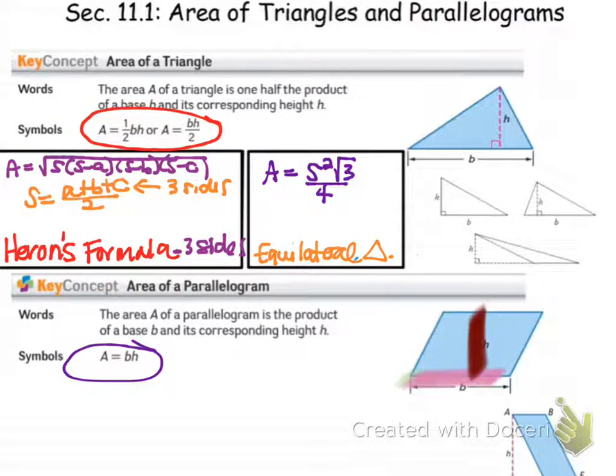If you look at this parallelogram down here, which was kind of cut off, the base is down here, but the height had to be drawn in because it needs to be perpendicular. Whereas the one above it, that height was already drawn in. So that height could come from a couple of different places.